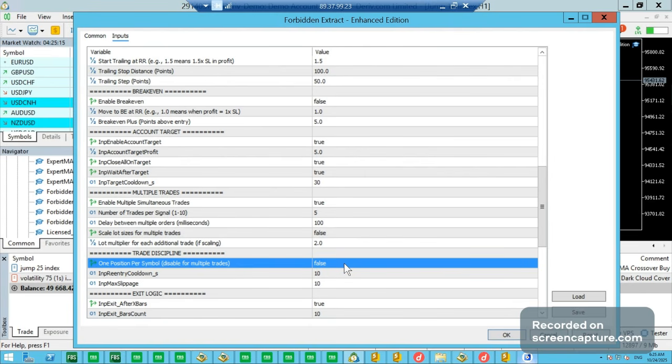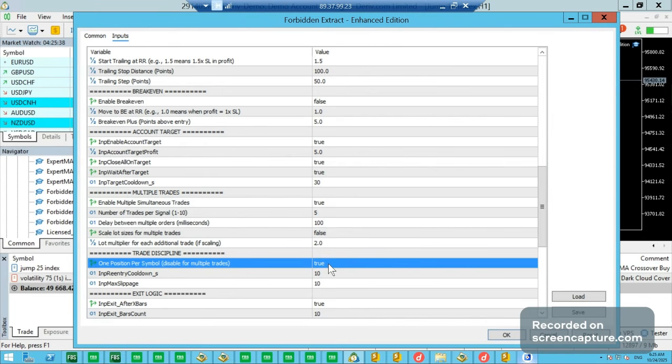If another signal also pops up in that same direction, it will trigger another one, making three. But if you set this to true, the EA will ensure that the running trade closes before any other signal comes in again. So that is how that one works. That is the work of that one.